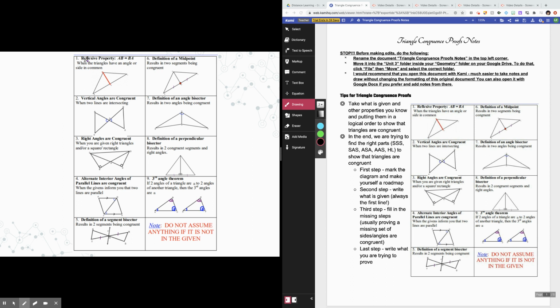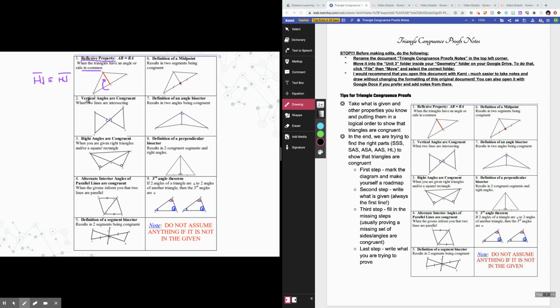The most common one is the reflexive property, when you have an angle or a side in common, like this one that's marked in red. I would say that side is congruent to itself. I'm pretty sure that's side HJ. So I would say in a proof, for example, HJ is congruent to HJ.